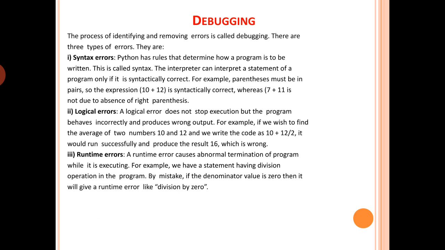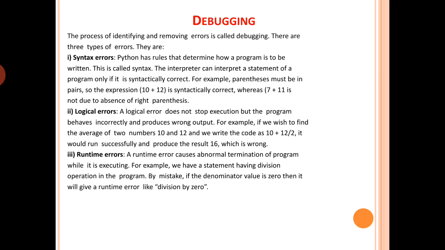The correct code to find the average should have been, within parentheses we have to write 10 plus 12 and then divide by 2 to get the output as 11. Runtime error. A runtime error causes abnormal termination of the program while it is executing.